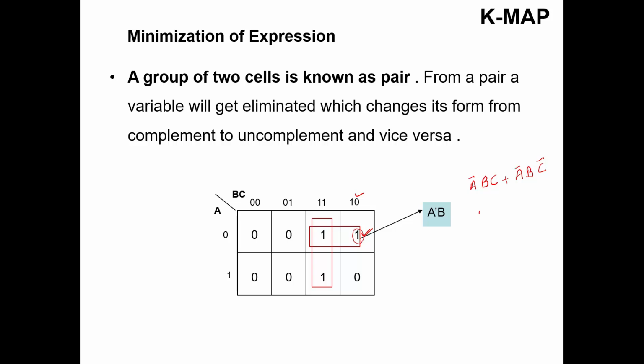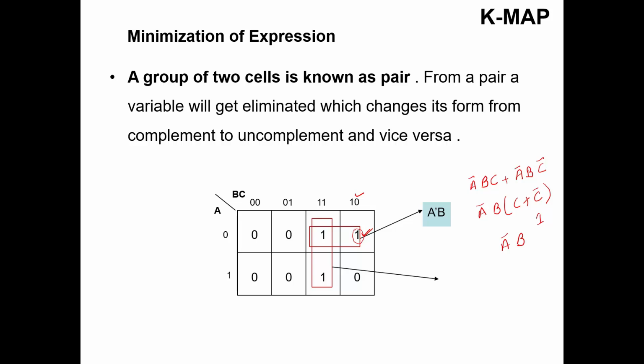From this we can take A bar common, B times (C plus C bar). From the rules of Boolean algebra, C plus C bar is 1, so it comes out to be A bar B.